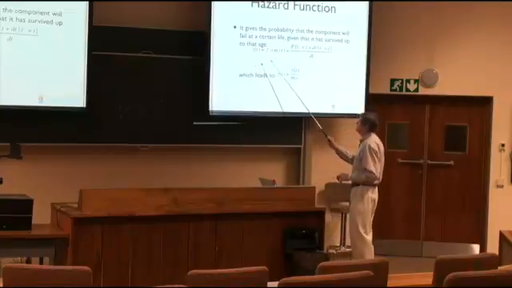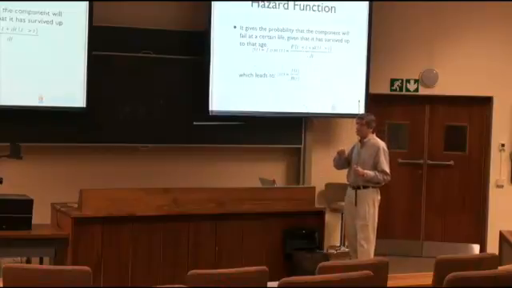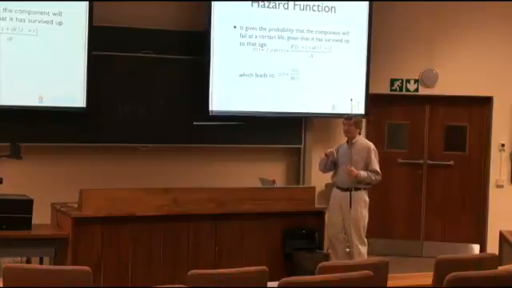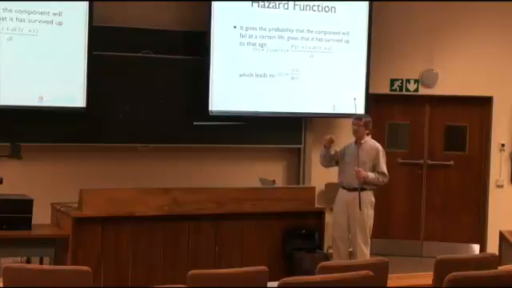We're saying it is the probability of the thing failing given that it has lived up to now. That instantaneous probability is sort of a risk figure. In other words, it says what is the risk that this thing will fail now, given that it has survived up to now.